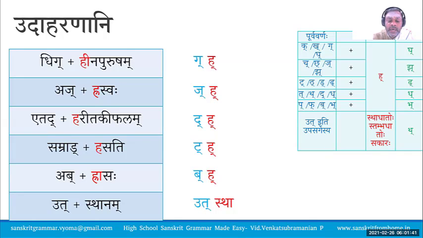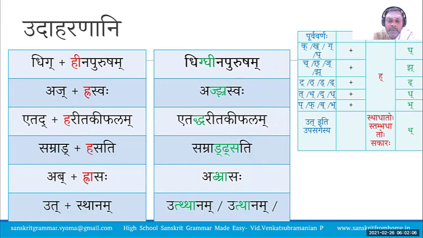Ab hrasaha. Ut sthanam. The first 5 cases are the rule 1 examples where hakara is there on the right hand side. So directly the 4th letter of respective vargas come. In the next case, ut sthanam, the sakara is replaced by thakara.